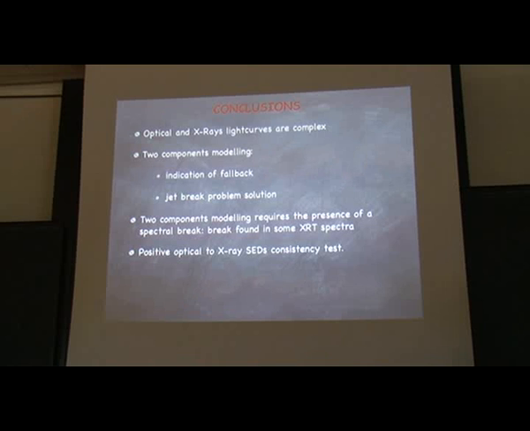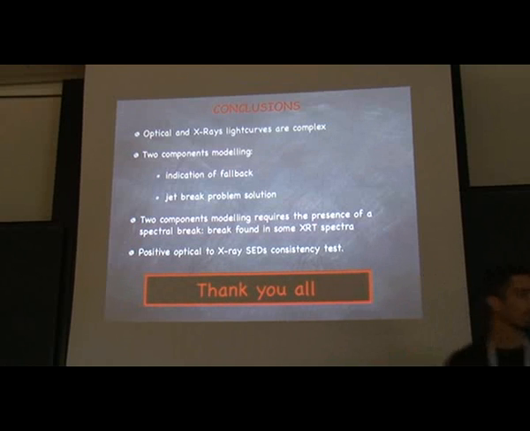We then try to test this model also from a spectral point of view, with the search for breaks in the X-ray spectra, and with the comparison of what we observe in the optical. Thank you very much.